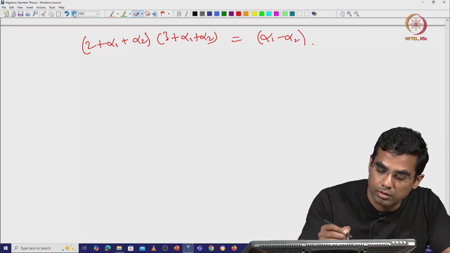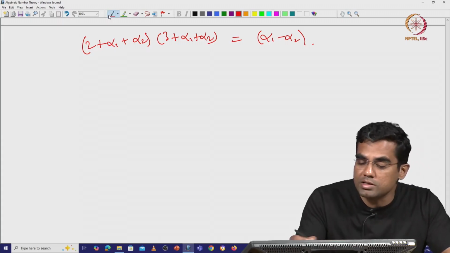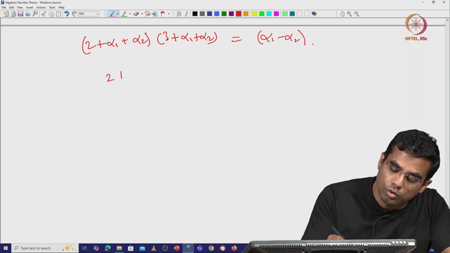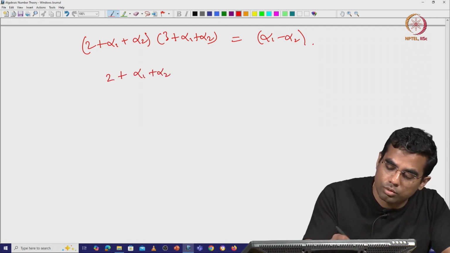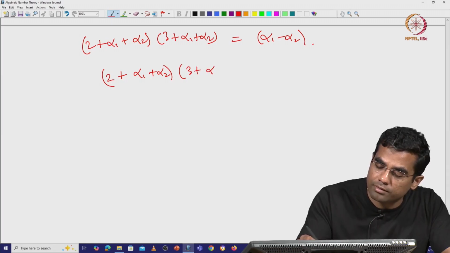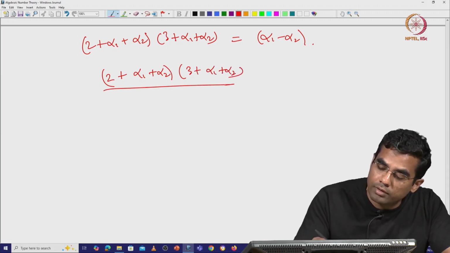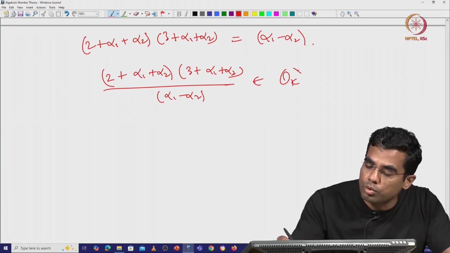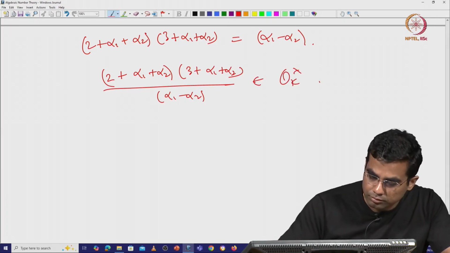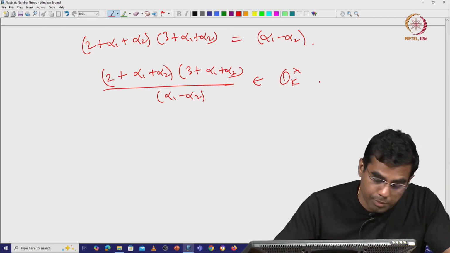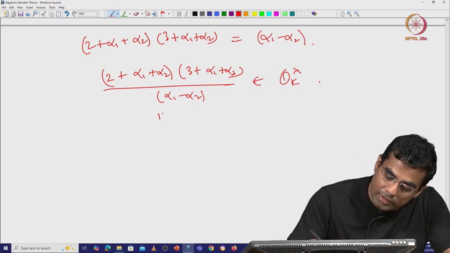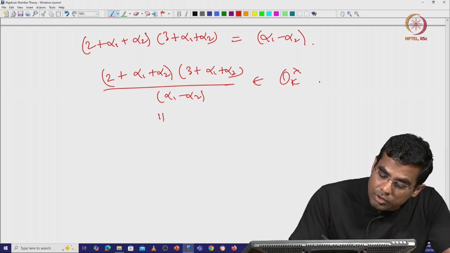What this means is that these two elements differ by a unit, and so you look at 2 plus alpha 1 plus alpha 2 times 3 plus alpha 1 plus alpha 2 divided by alpha 1 minus alpha 2, this belongs to O_K cross. Now, of course, it can happen that this is a trivial unit.